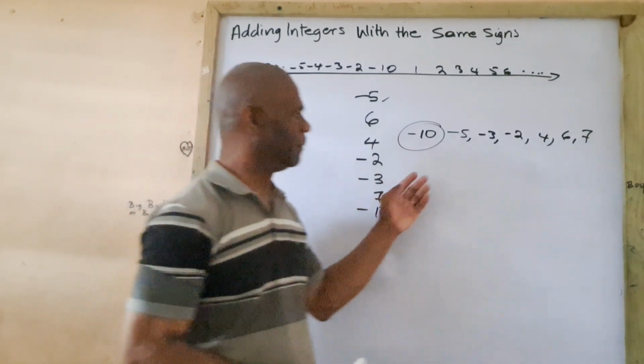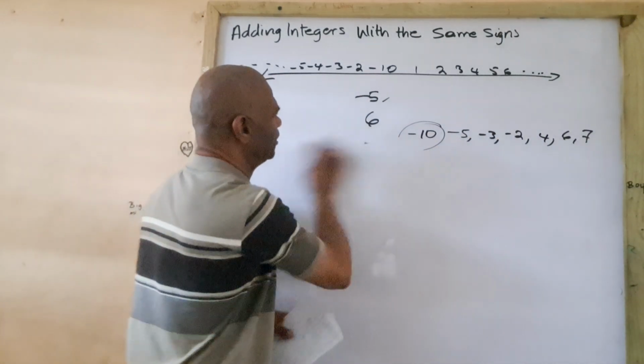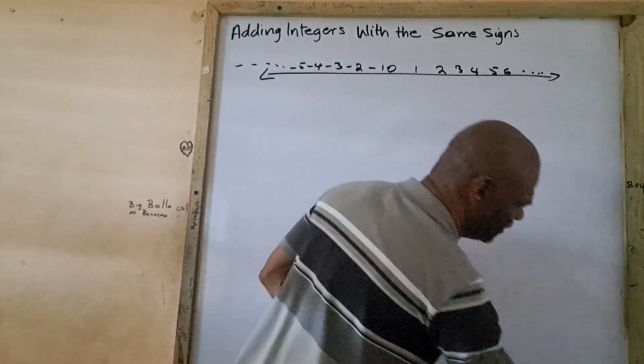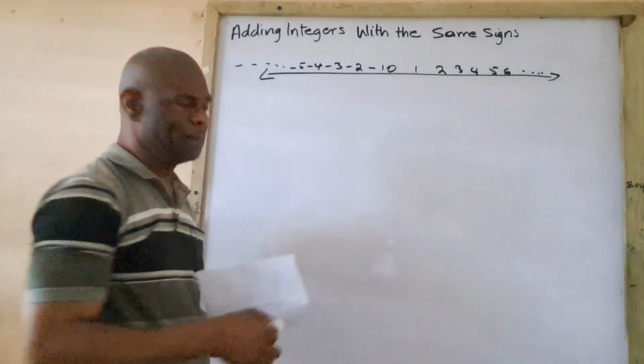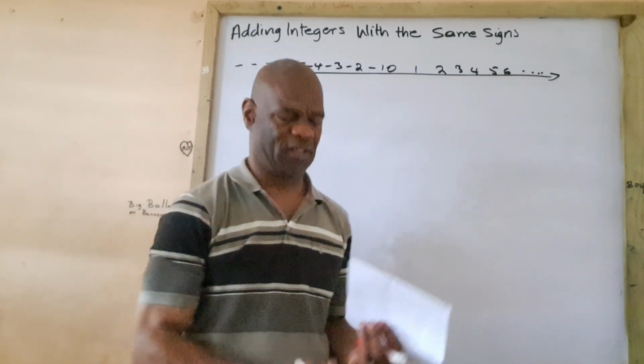Alright, so let's look at some addition of integers with the same signs. Same sign meaning that the signs could either be negative or positive.